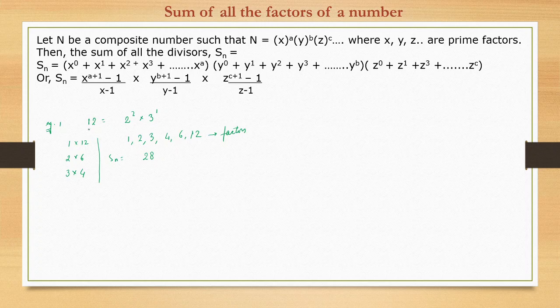Since this number was very small, we could manually get the factors and add those individual factors. But can we get 1, 2, 3, 4, 6, 12 through a process? See here, if we look at the power of 2, 2 can take power of 0, 2 can take power of 1, 2 can take power of 2, right? Similarly, 3 can take power of 0, 3 can take power of 1.